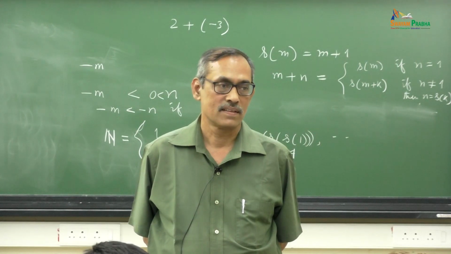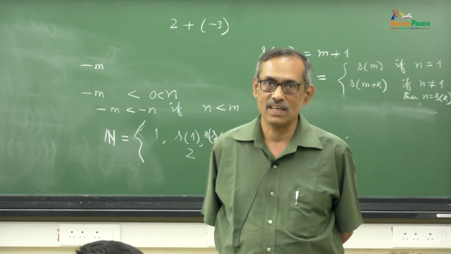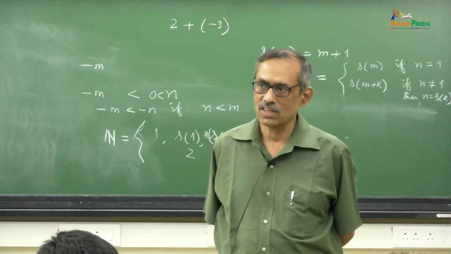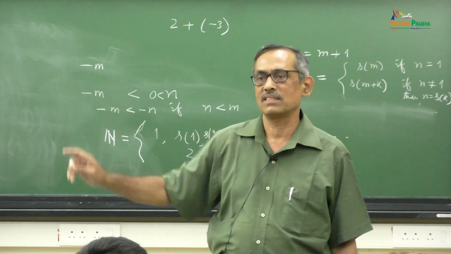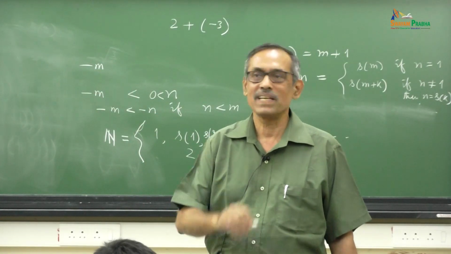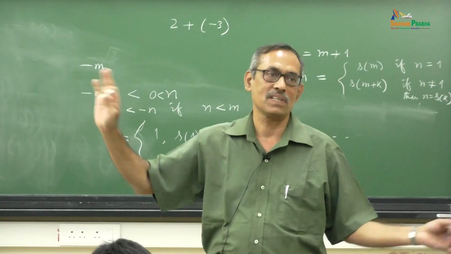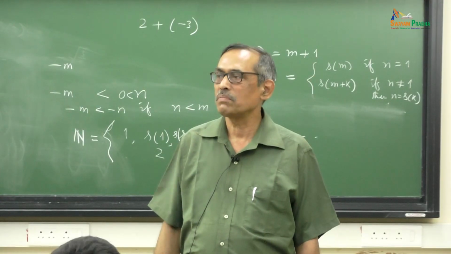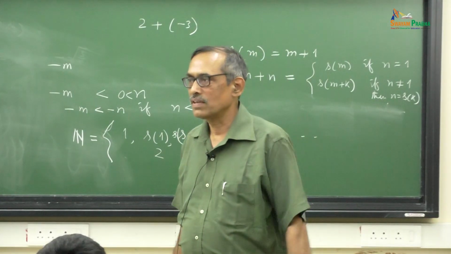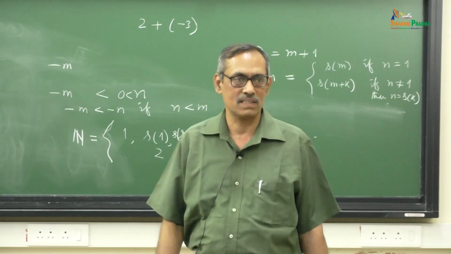Sir, this is the correct way of thinking, because with minus we have just put something, we don't know what minus is. Formally you have just put minus, taking them as interesting things, like natural numbers. Similarly, we have the integers now. From the integers, we can think of doing something formally, in a similar way.